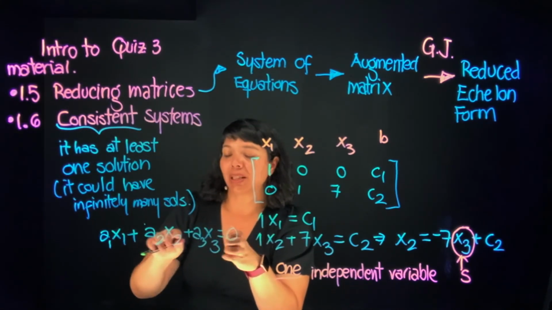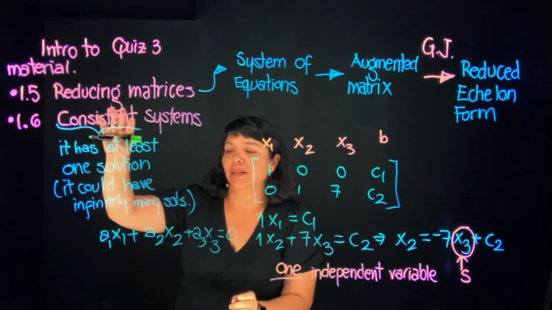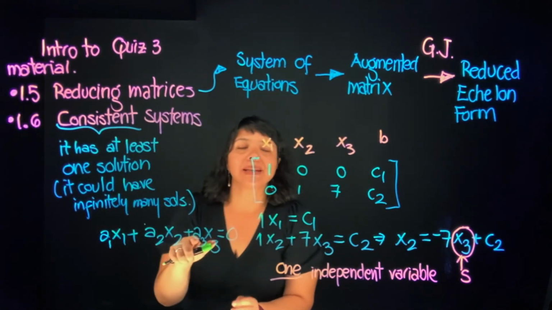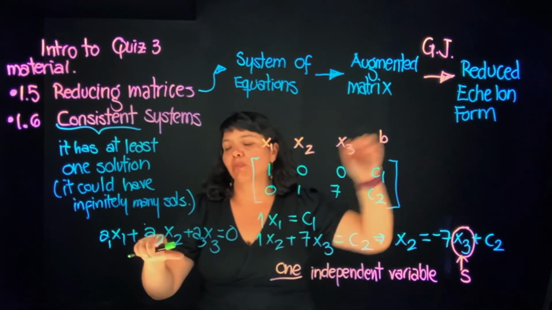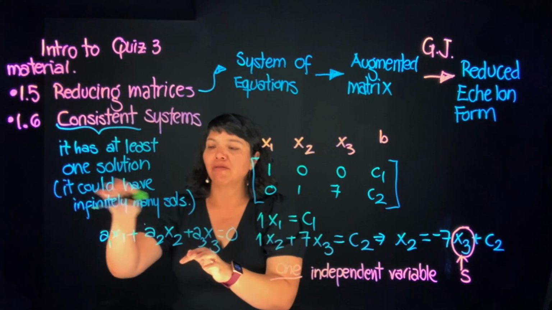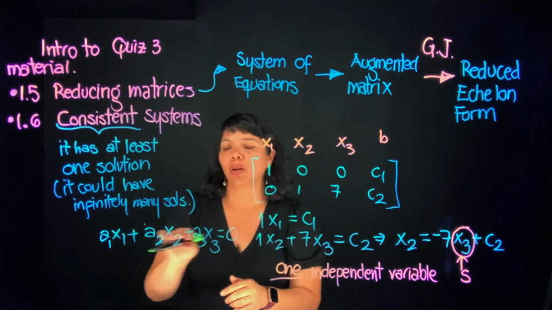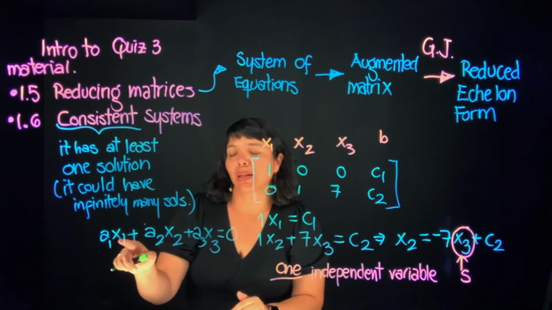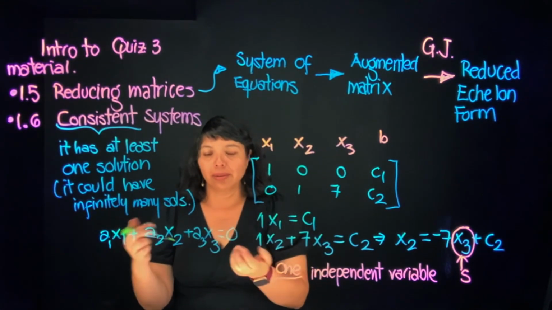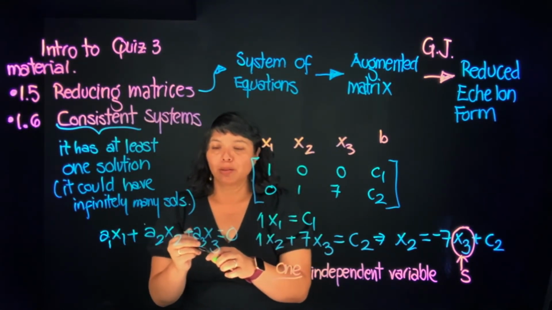So those are a particular case of consistent systems that will always have at least one solution. And again, using the reduced echelon form, you're going to see when you could have infinitely many solutions, but at least you know that making x1 equal to 0, x2 equal to 0, x3 equal to 0, etc. would be at least a solution.